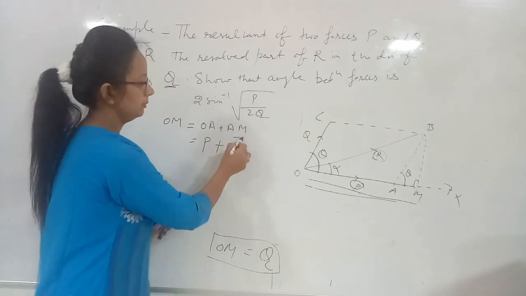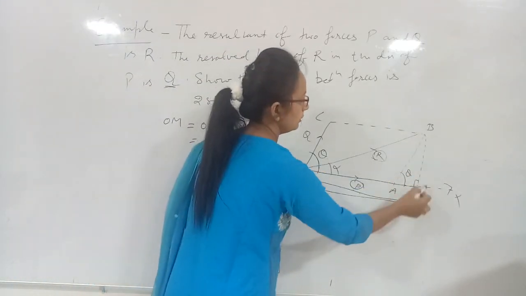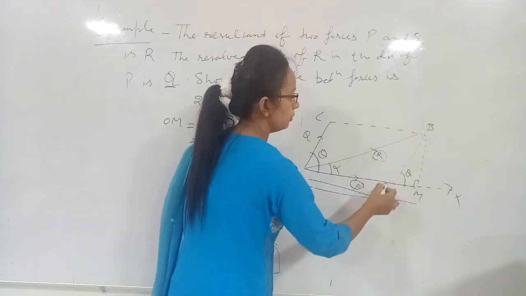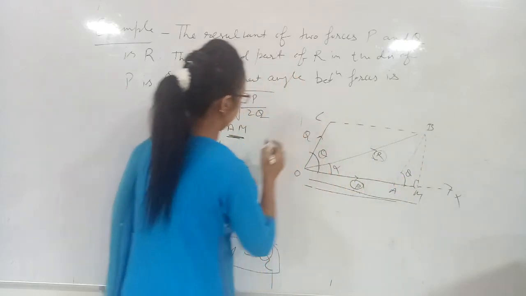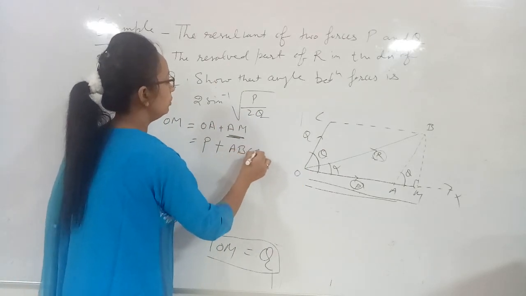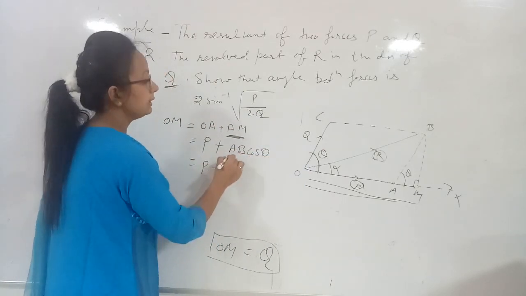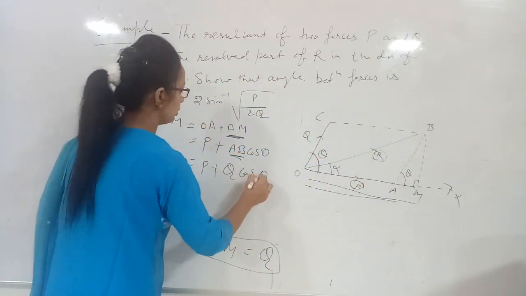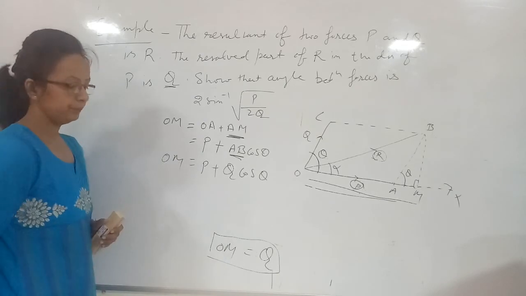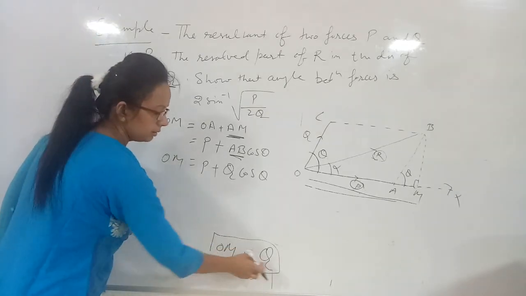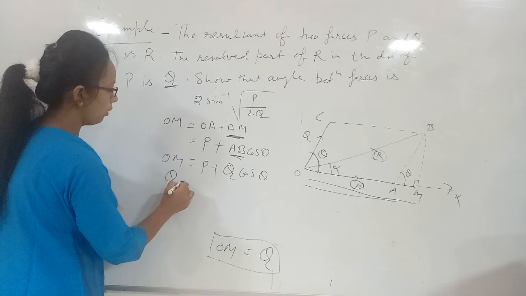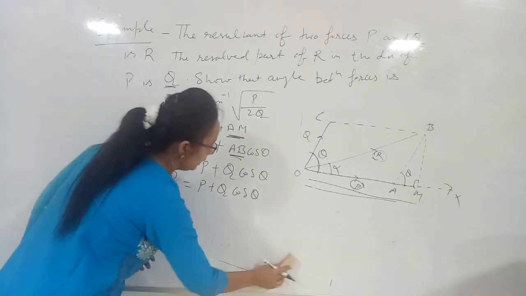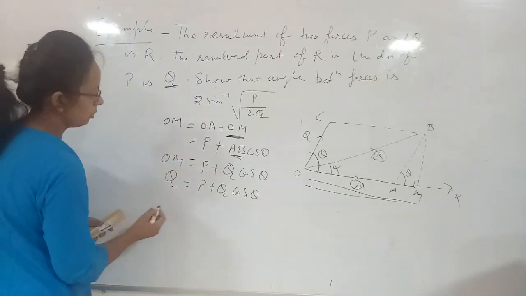Now what is AM? See this triangle AMB. In this triangle, AM is base and AB is hypotenuse, so AM is AB into cos theta. What is AB? AB is equal to OC, that is Q. So AM is Q into cos theta, and this is our OM. But we already proved that OM is equal to Q. Now we have to simply solve this equation.